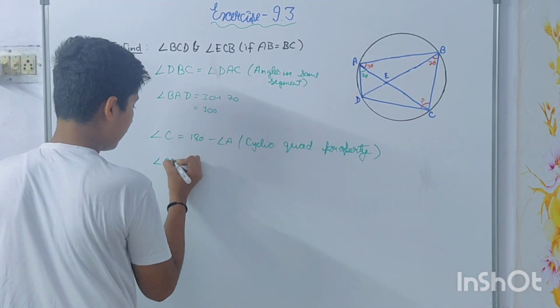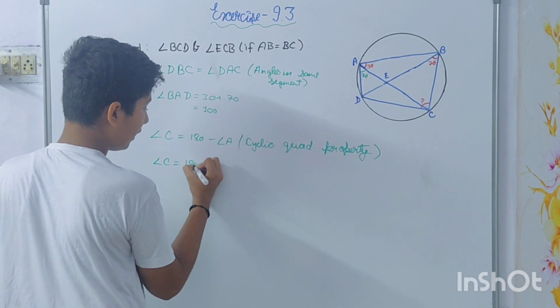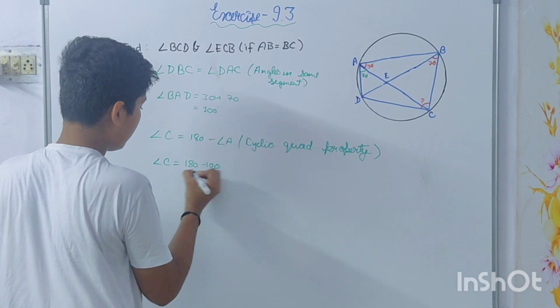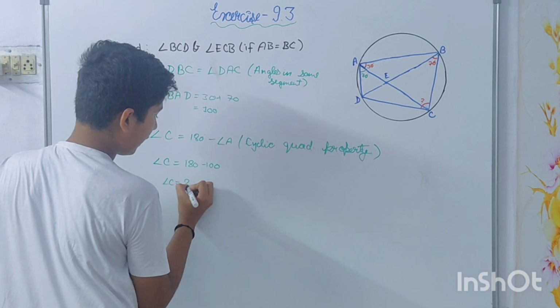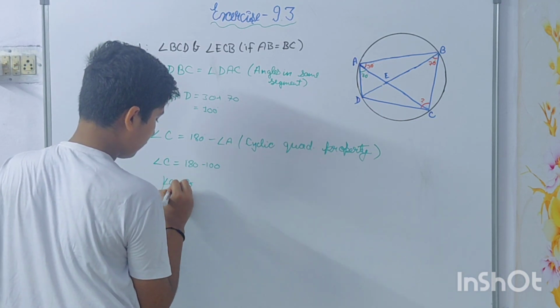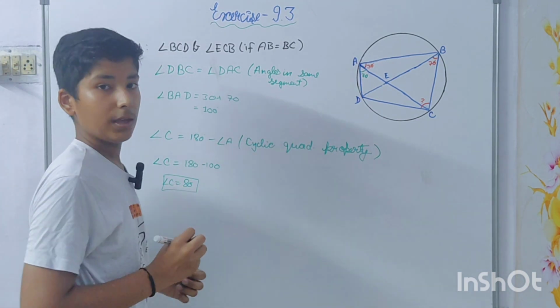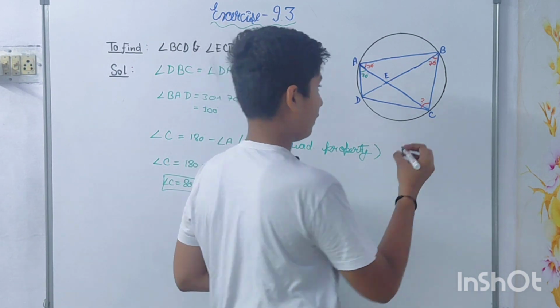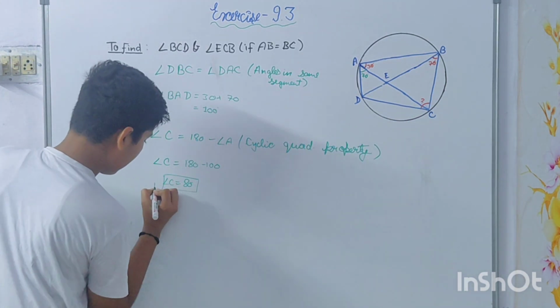Therefore, angle C equals 180 minus 100. Angle C equals 80 degrees. So our first answer is this.